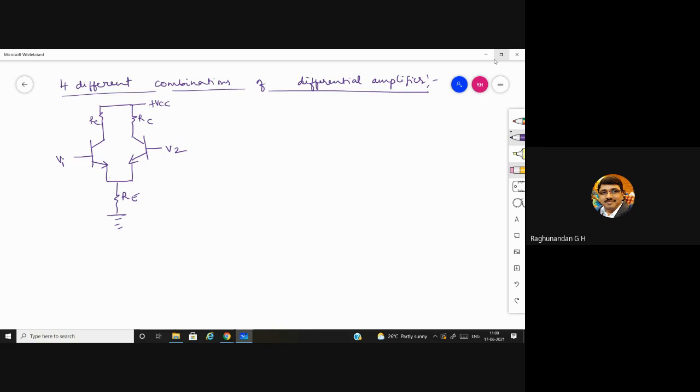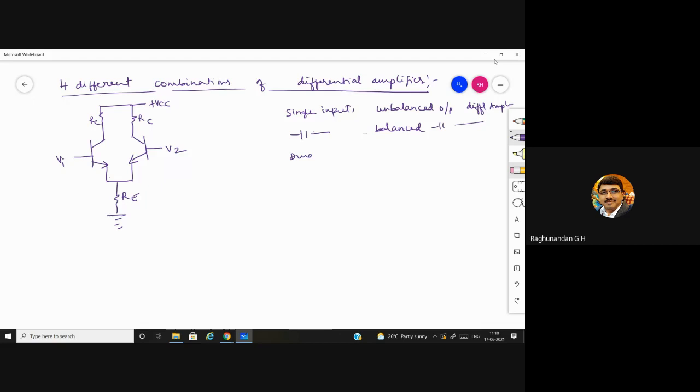There are four types of combinations, namely single input, unbalanced output, differential amplifier. Same way, single input, balanced output, differential amplifier.